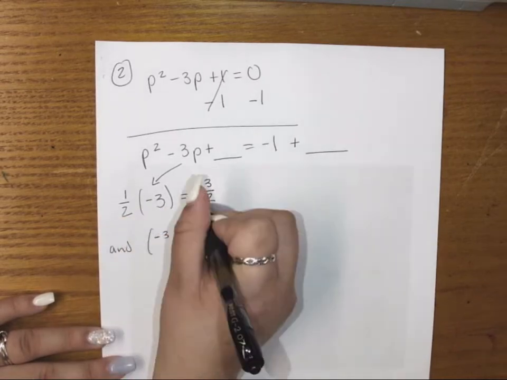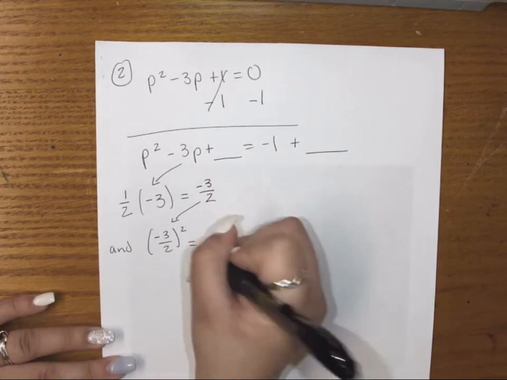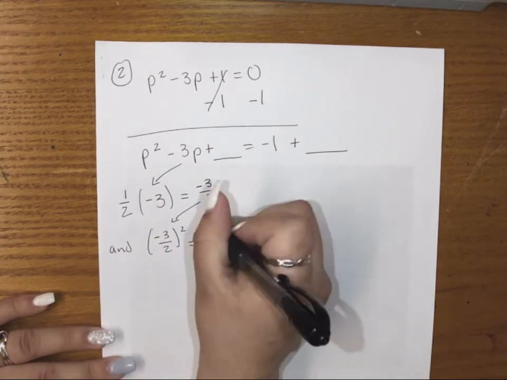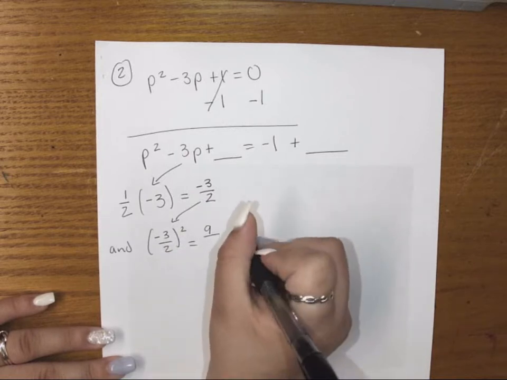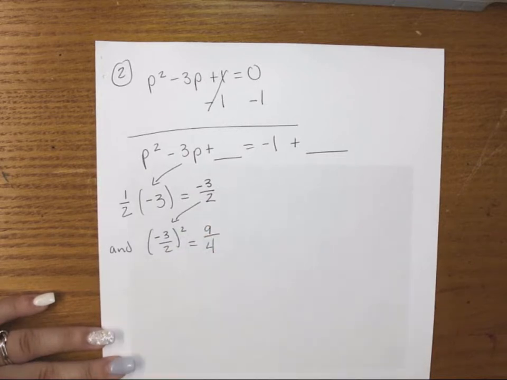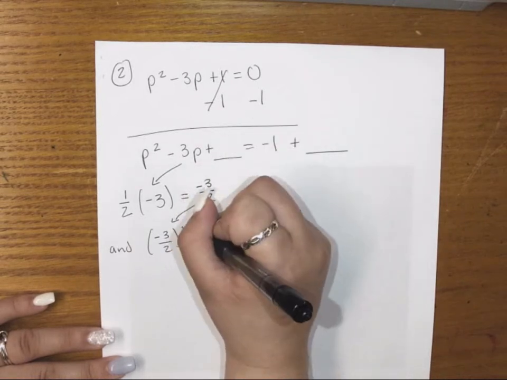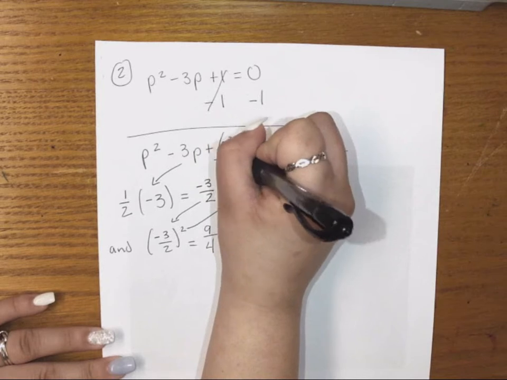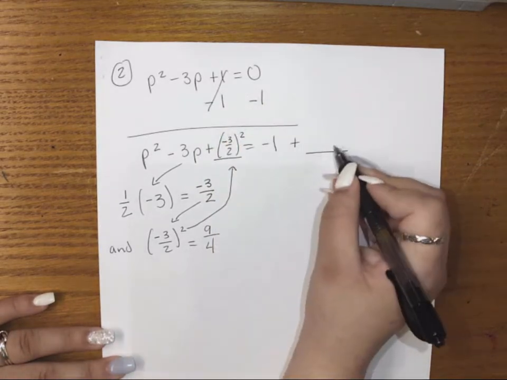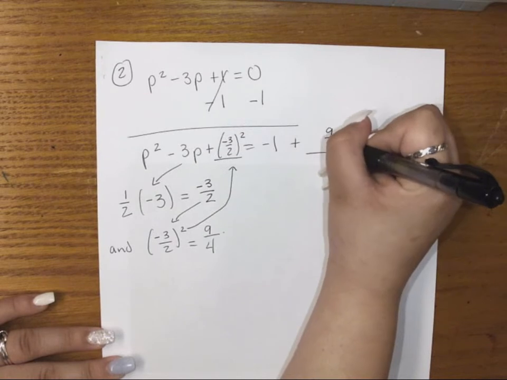So we take -3/2 and we square it. -3 squared becomes +9, and 2 squared becomes +4. The number you add on this side, keep it in the format of (-3/2) squared. The number we add over here, you can use the simpler form of 9/4.